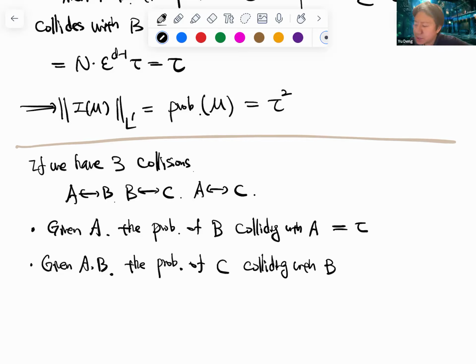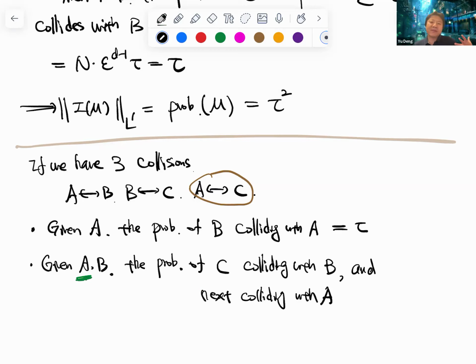But then we have this third collision here, which means that C not only has to collide with B, but after colliding with B, C also must collide with A. Remember that the parameters of A are now also fixed. The probability of C colliding with B and next colliding with A will be something less than tau.